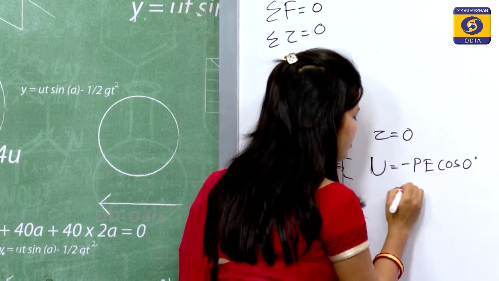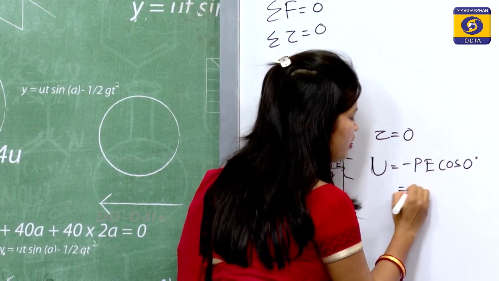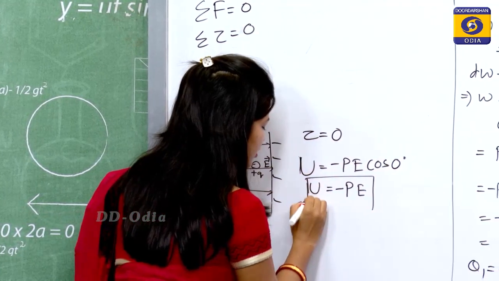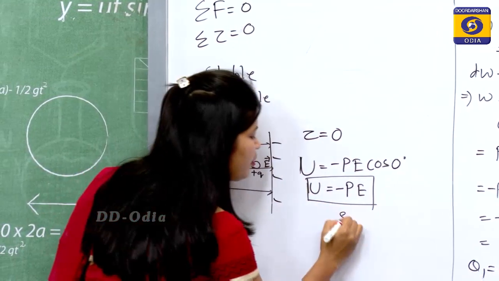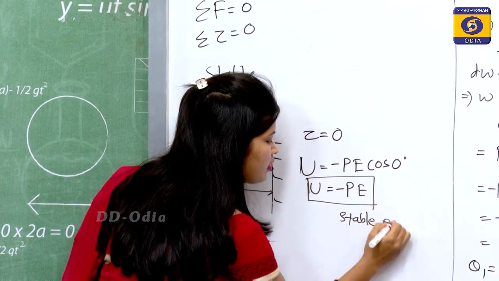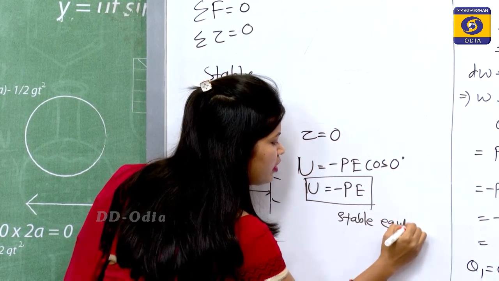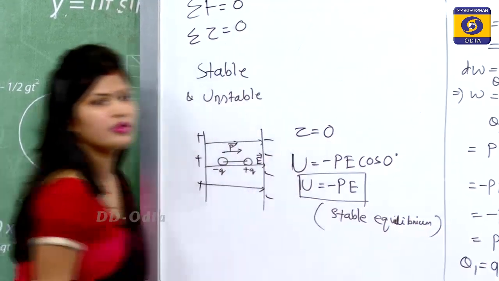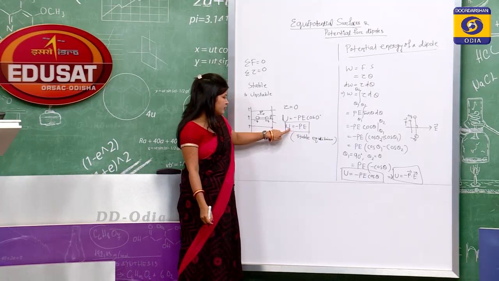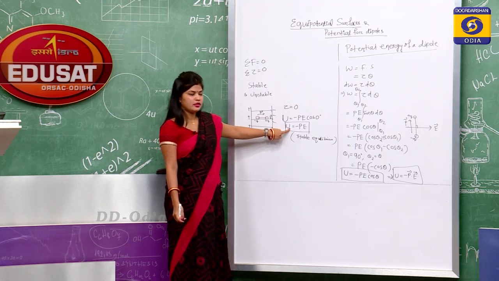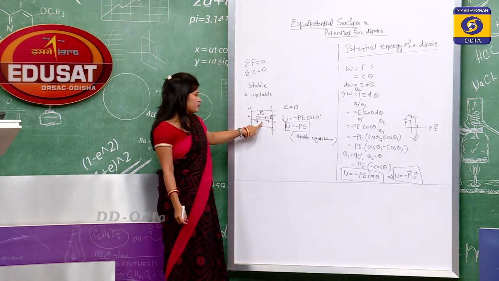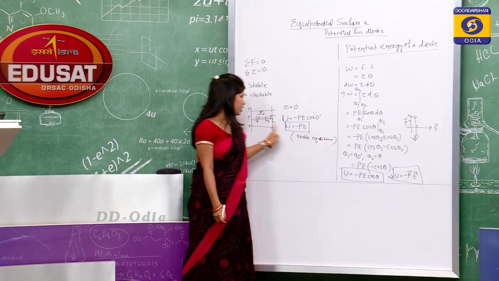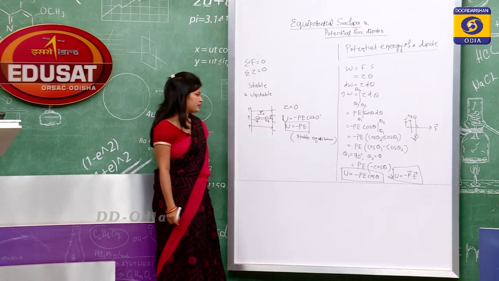So cos 0 is 1, and I get energy as minus P E. This is stable equilibrium. As it is a negative sign, the energy is decreased. So this system has minimum energy. In stable equilibrium, the dipole has minimum energy.